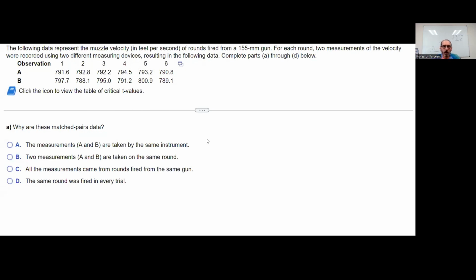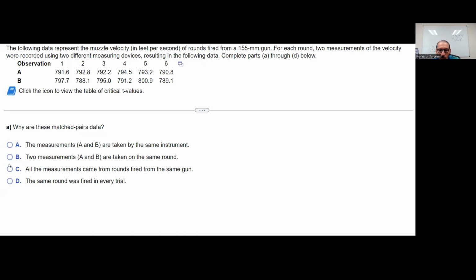Here we go. The following data represent the muzzle velocity in feet per second of rounds fired from a 155 millimeter gun. For each round, two measurements of the velocity were recorded using two different measuring devices, resulting in the following data. Well, why are these matched pairs?